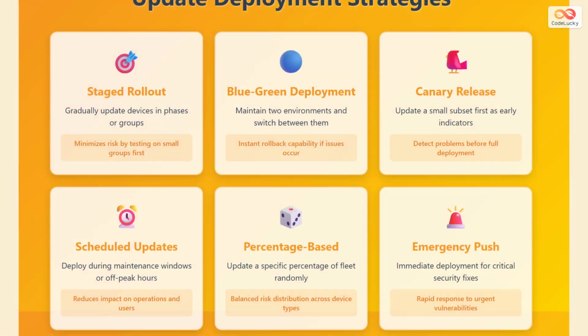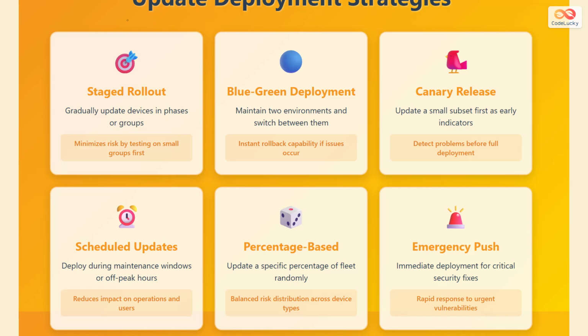Deploying updates to thousands of devices requires careful strategy selection. Staged rollout gradually updates devices in phases or groups, minimizing risk by testing on small groups first. Blue-green deployment maintains 2 separate environments and switches between them, providing instant rollback capability if issues occur. Canary release updates a small subset first as early indicators to detect problems before full deployment.